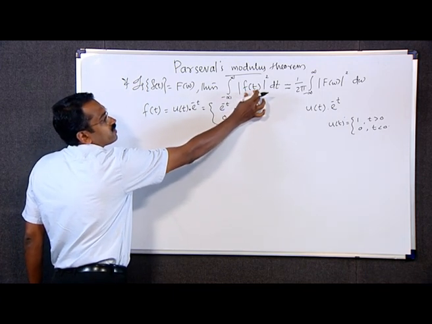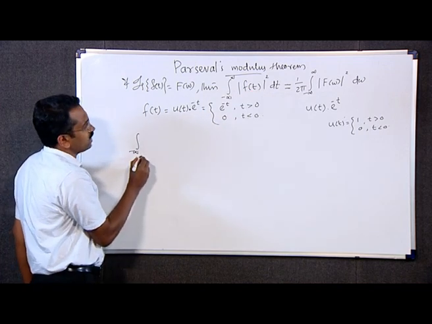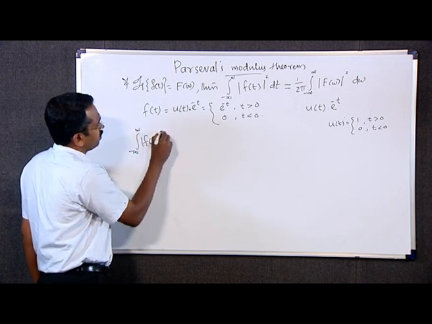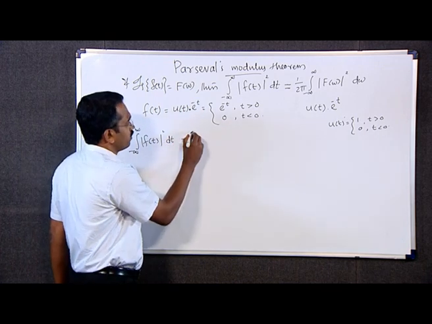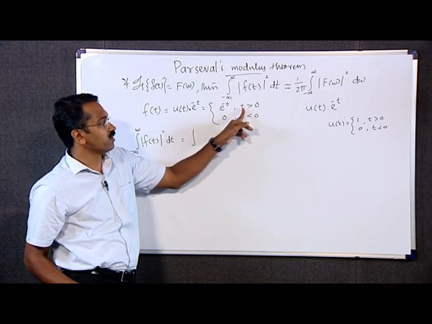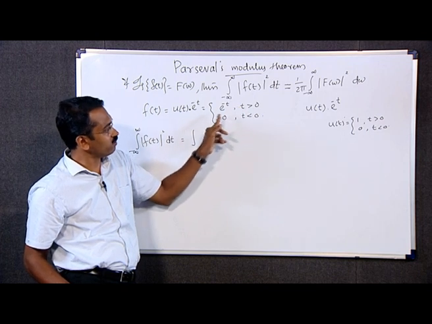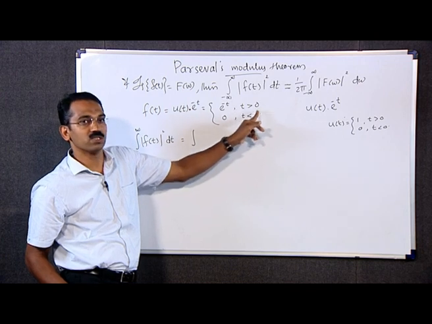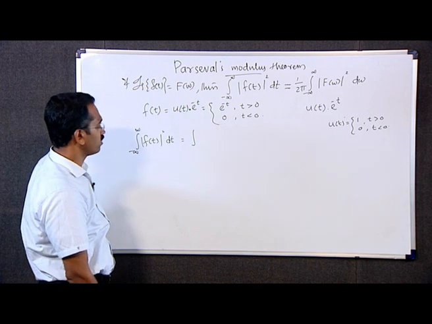Therefore, we can write the left hand side of this identity, the integral from minus infinity to infinity of modulus of f of t square dt, with the limits of integration in two ranges, since the function is given by two ranges: t greater than 0 means t is from 0 to infinity, and t less than 0 means t is from minus infinity to 0.